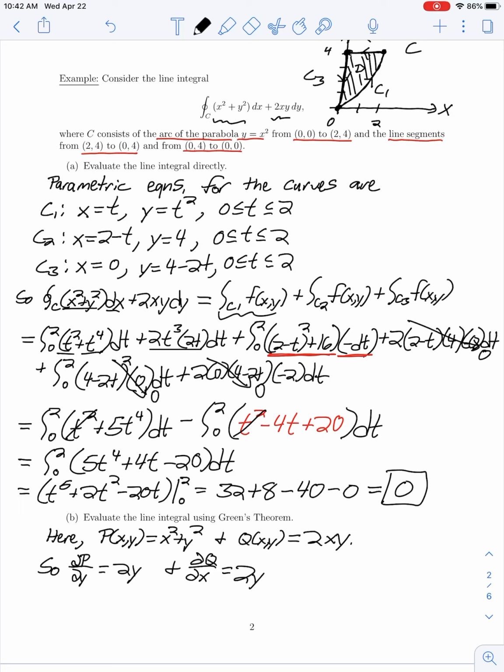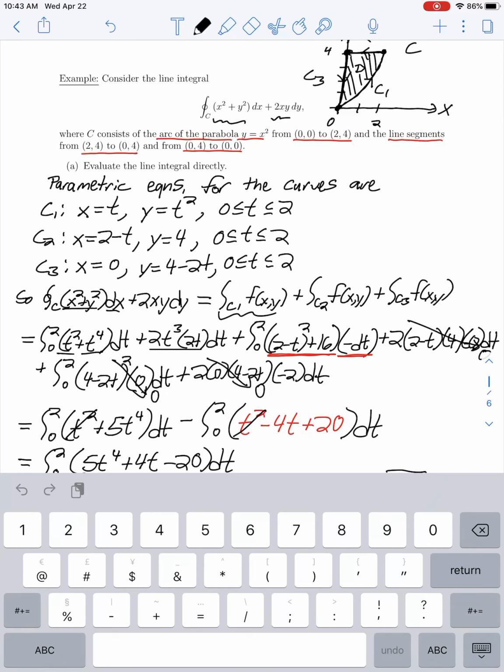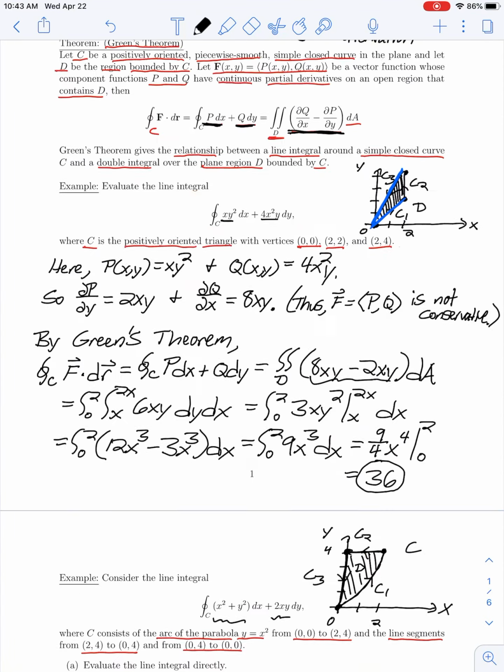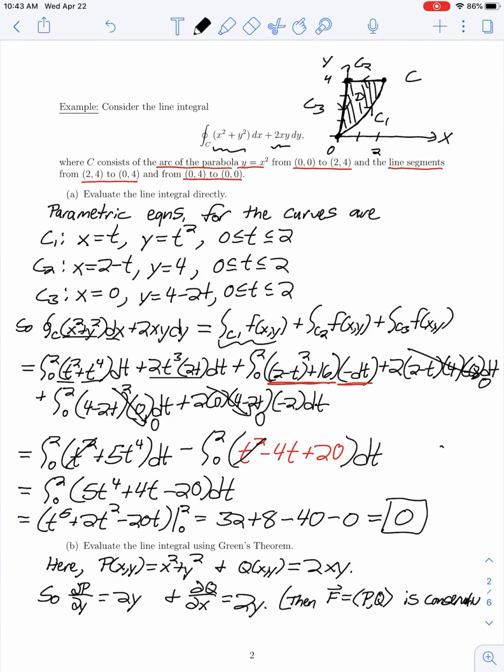So here we see that since these partial derivatives are equal to each other, we could say that the vector field F that has these component functions P and Q is conservative. Running out of space here, is conservative.